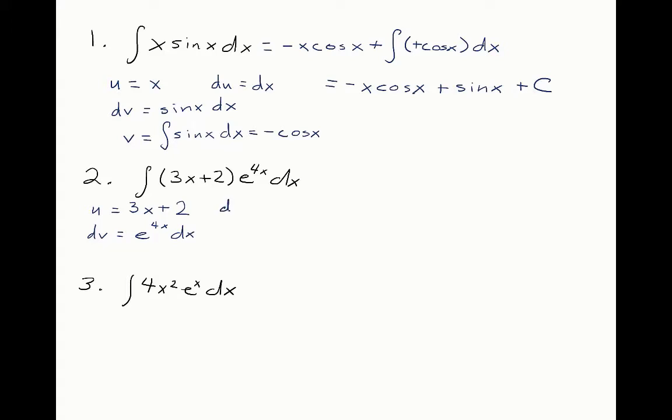Okay, so du is just 3 dx. Remember the derivative of 2 is just 0. And then we need to find our v, that's the integral of e to the 4x dx. Well, that is just 1/4 e to the 4x.